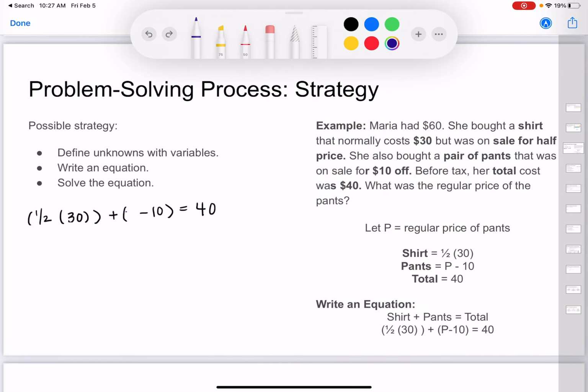That's fine, okay. 35, and then solve. So again, parentheses first: 15 plus, what is in the parentheses here? 35 minus 10, which gives me 25.